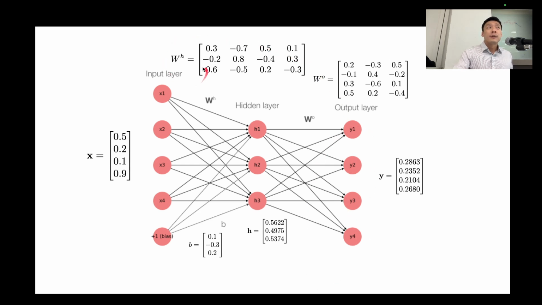So WH is a parameter, WO is a parameter, B is a parameter, okay? And X is the input, usually embeddings that we saw before, and Y is the probability distribution over the labels. Make sure you understand different components of it because we will keep referring to these, okay?